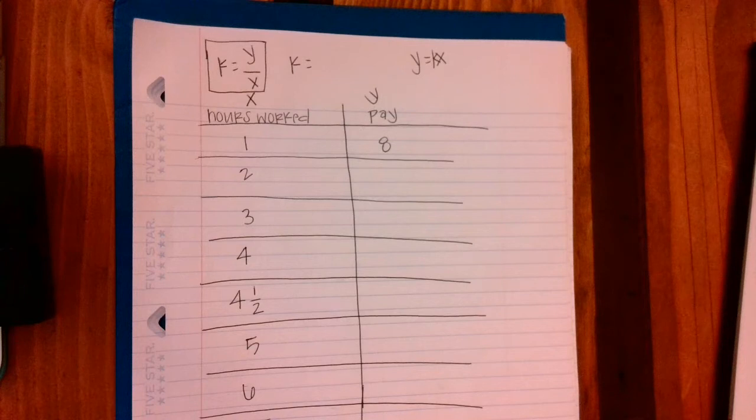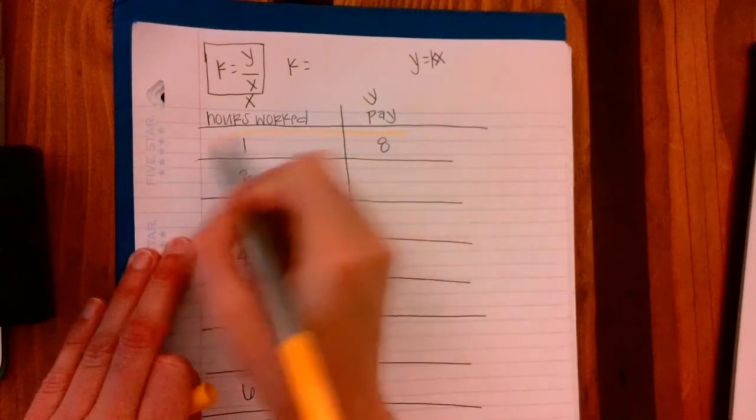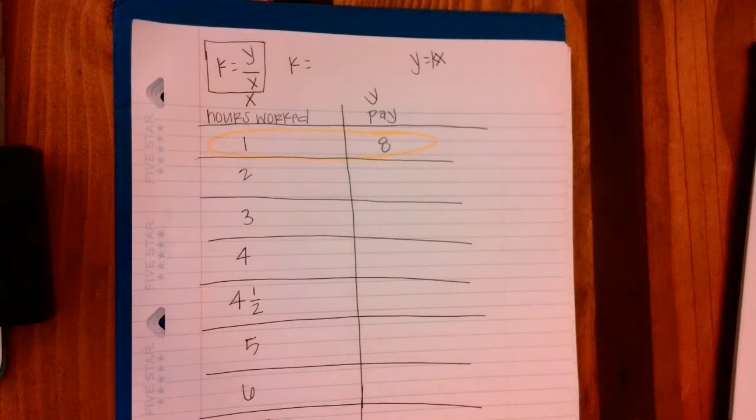And as I'm looking at my table, I notice something. The first thing that I notice is that this right here is the only ordered pair. Because remember, in a table, these are ordered pairs, and therefore we could graph them if we wanted.